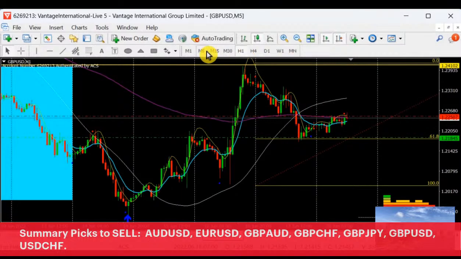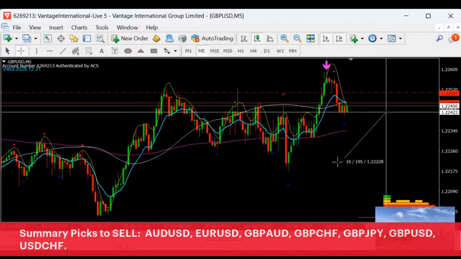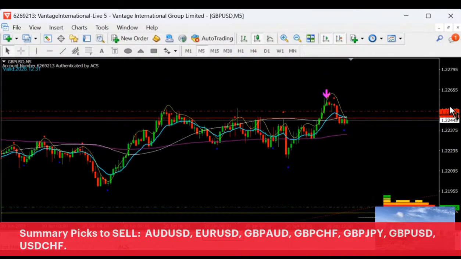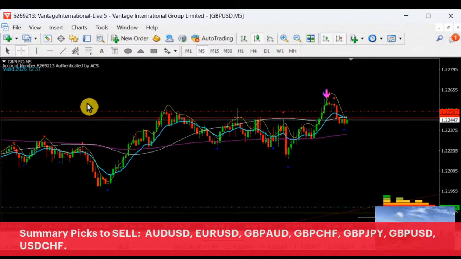As you can see right now, the price over here has support right below. So this point here is still quite challenging.